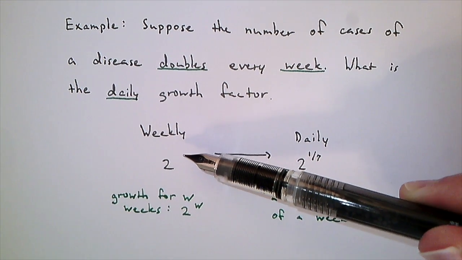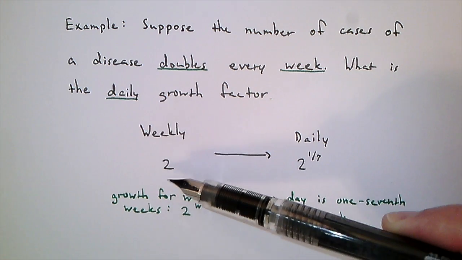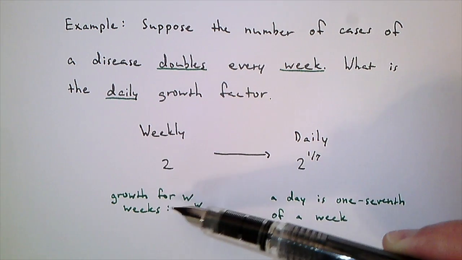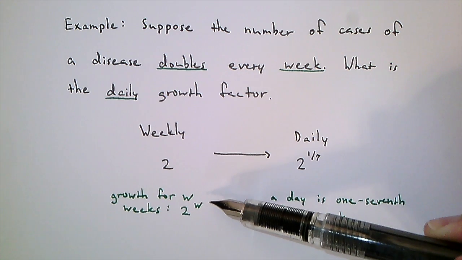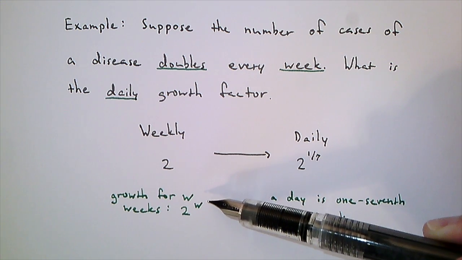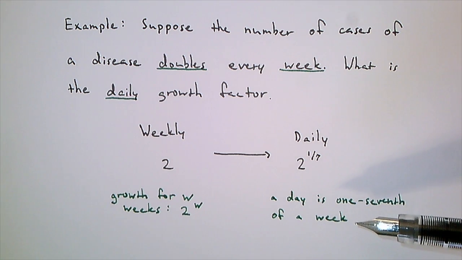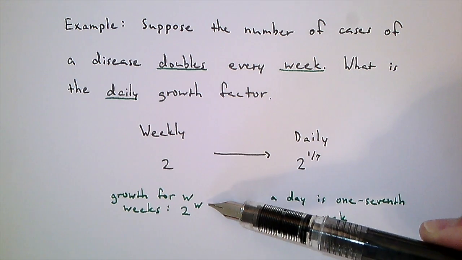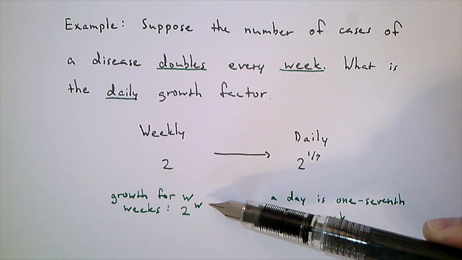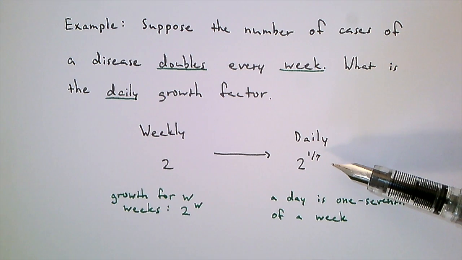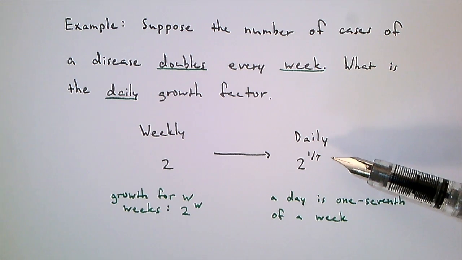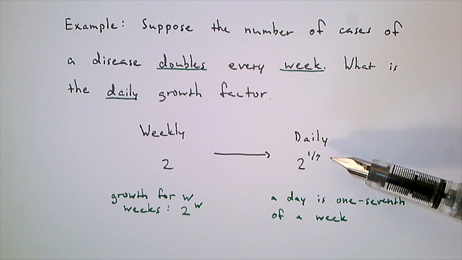So if we were looking at our function, if we wanted the growth for W weeks, we would put W in the exponent. And remember that a day is 1/7 of a week. So for one day, we would put 1/7 in the exponent. That's how we get the daily growth factor of 2 to the 1/7 power.